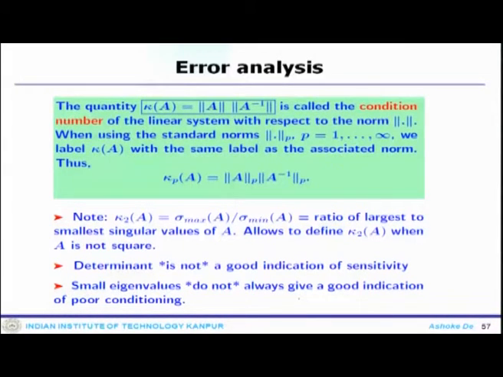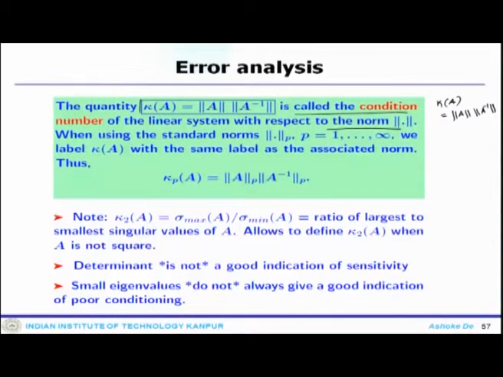Now, there is a quantity you have come across called the condition number. Kappa A is the condition number of a matrix A, which is the norm of A times the norm of A inverse, of a linear system with respect to a norm.